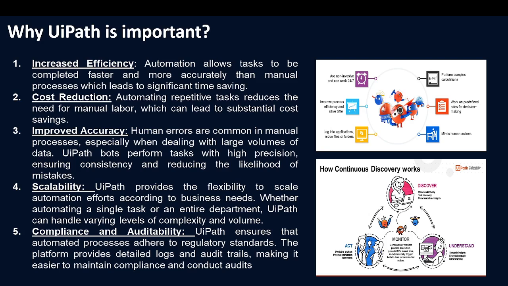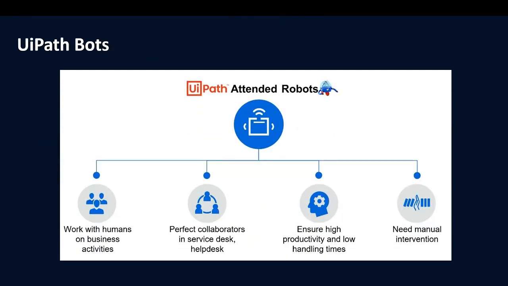It can handle a large volume of tasks simultaneously by increasing or decreasing the number of bots. And compliance and auditability. It ensures that automated processes adhere to regulatory standards. The platform provides detailed logs and audit trails, making it easy to maintain compliance and conduct audits.